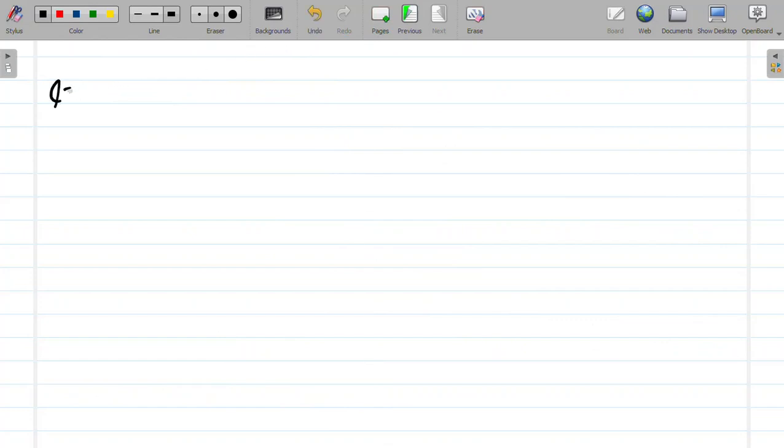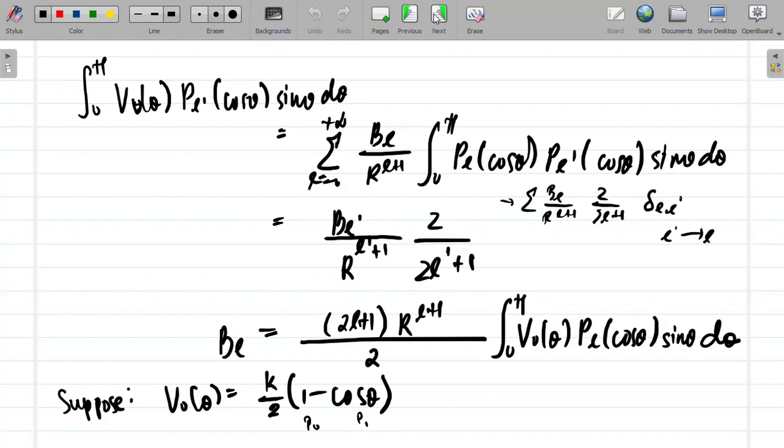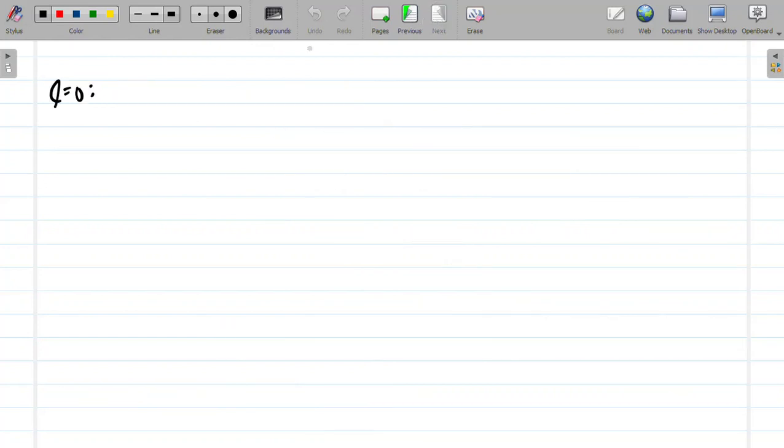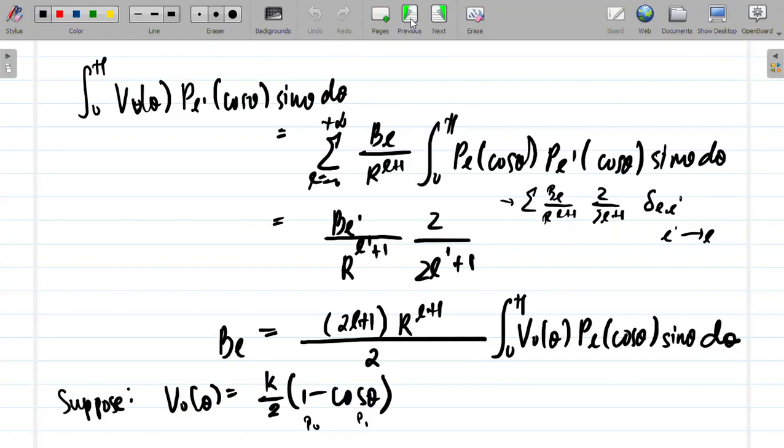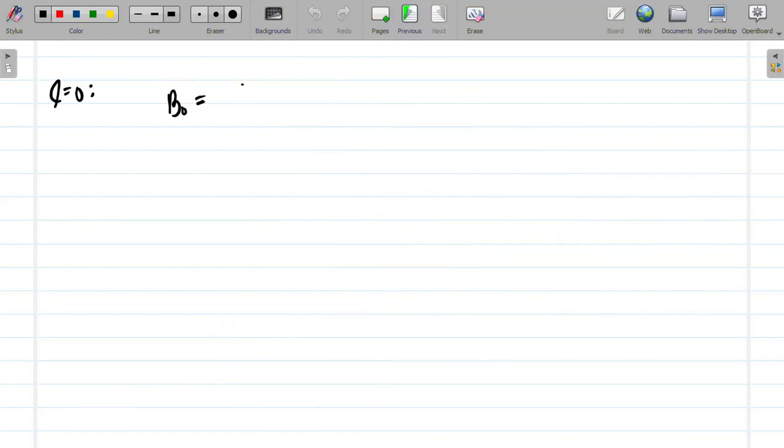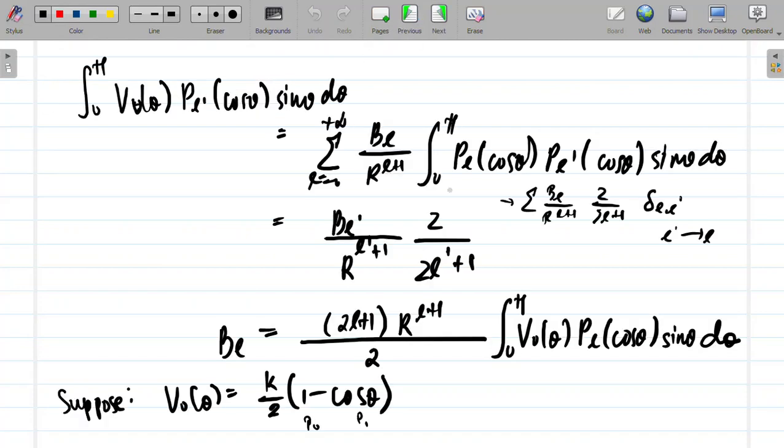L equals 0. Tingnan ko lang yung previous, B0 equals, wait lang, previous. So, 2 times 0 plus 1, so 1. 1 times R over 2. So, bale, 1 R over 2 times, ano yung integral nito? K over 2.